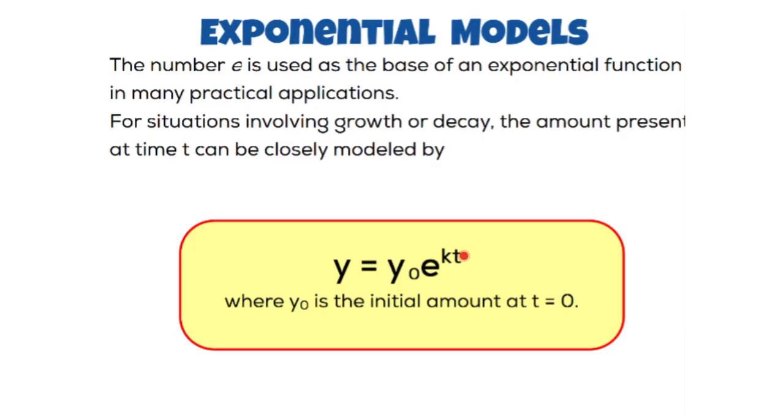T is still time. K is just some constant that this particular scenario is representing. I'm not really going to do an example specifically for this. I just want this to look familiar to you when you see kind of a generic formula that's been given to you that has an E in it.